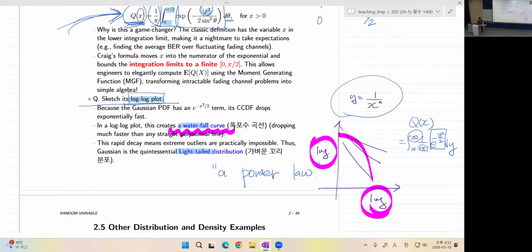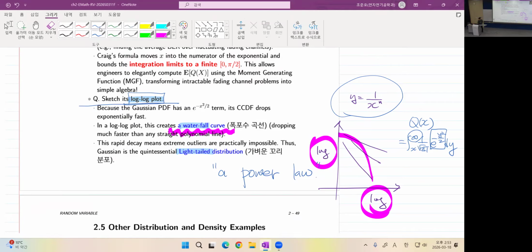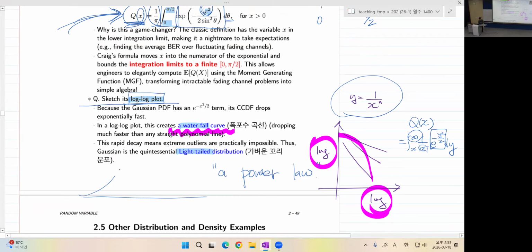Why is it so for the Gaussian? Because if you take a look at the density function, you have e to the negative x squared, which means that it diminishes very, very fast. And we call this area a tail. This is the right tail. It is very, very light.